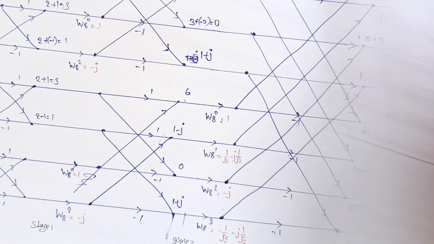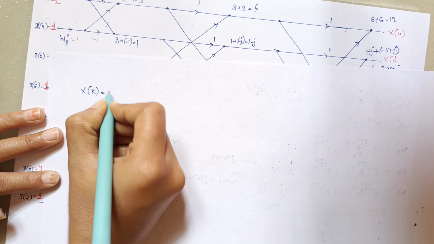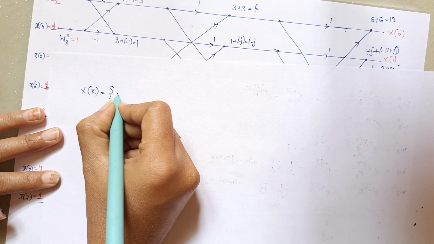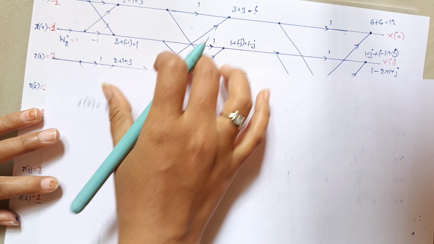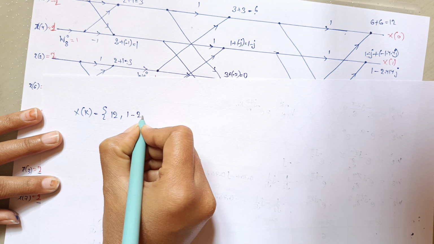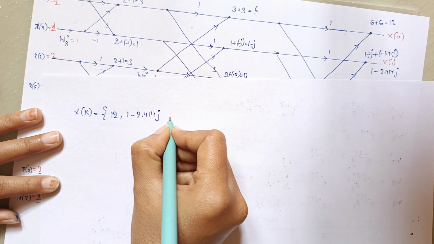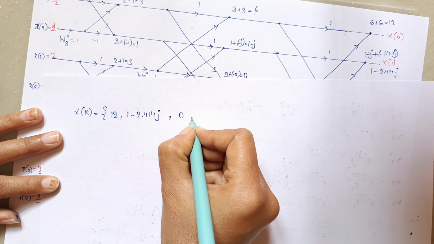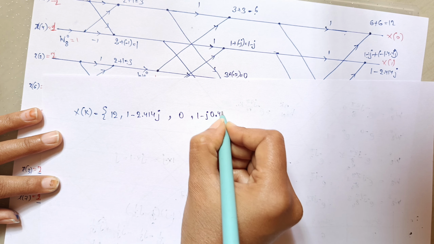Now let's note down all the values of the indexes. So X of k will be equal to, first index is 12, next index is 1 minus 2.414 j, and the next index is 0, and the next is 1 minus j into 0.414.